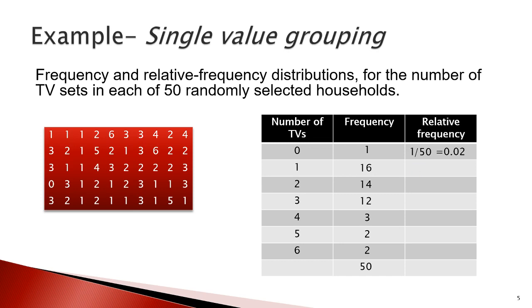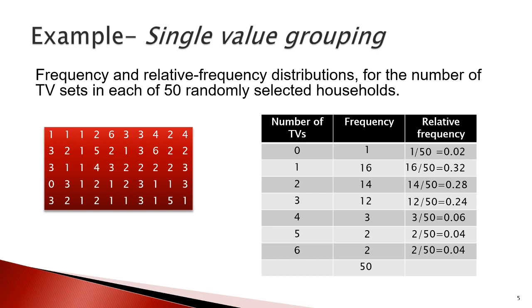For the next one, the relative frequency is 16 divided by 50, which is 0.32. For the number of TVs 1, the frequency is 16, and the total number of observations is 50. So 16 divided by 50 gives you 0.32.